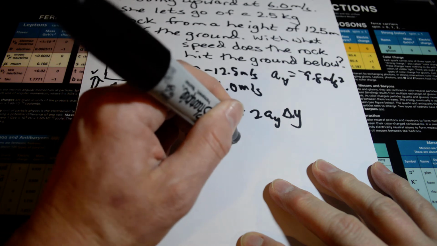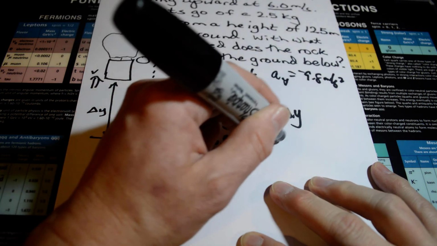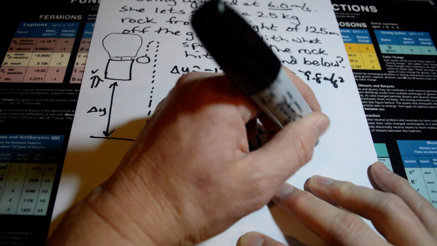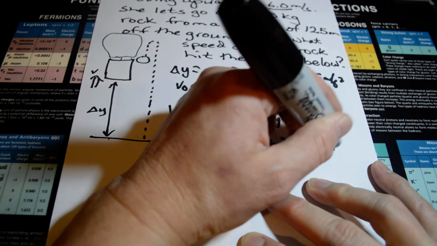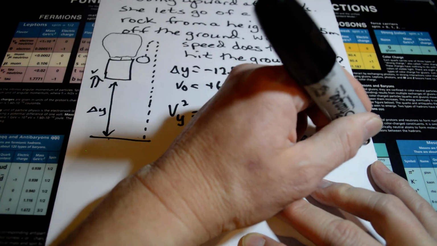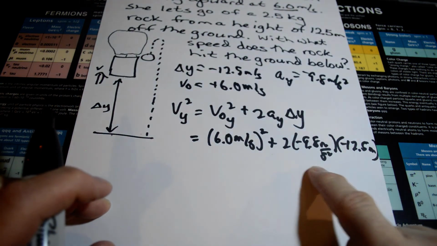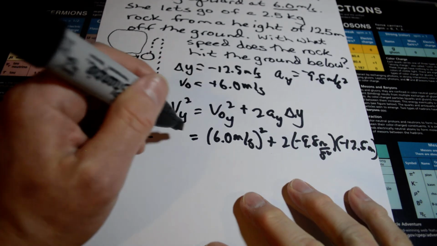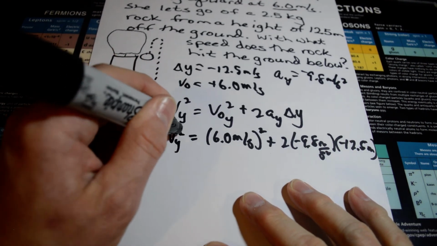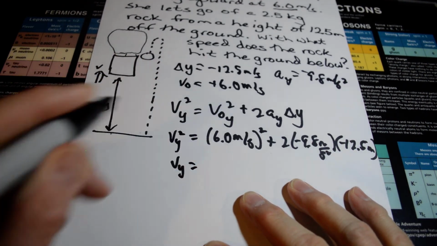So I'm going to put in 6 meters per second squared plus 2 times negative 9.8 and multiply by a negative displacement. So it's got a positive velocity and negative acceleration and negative displacement. You could do all that in one equation.